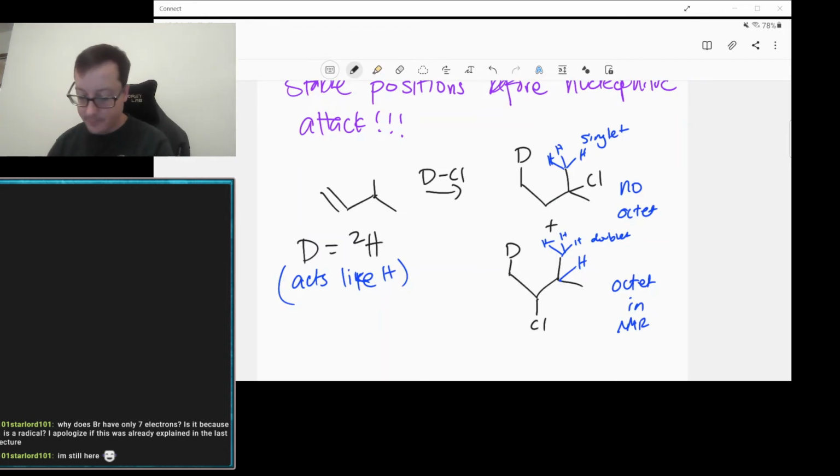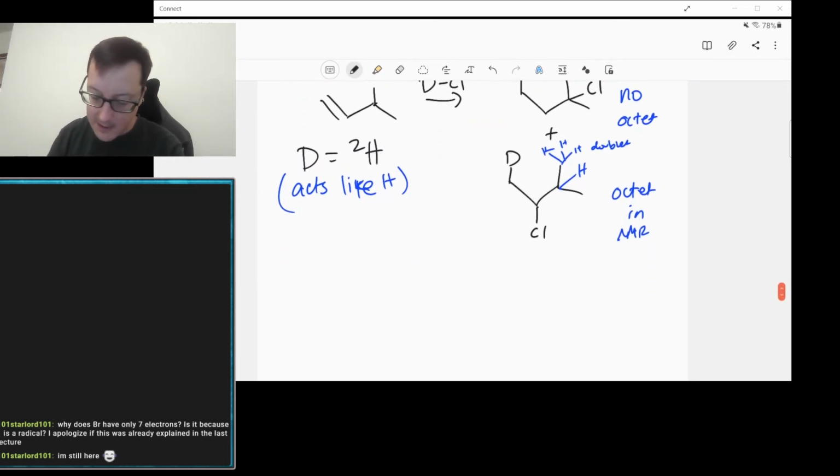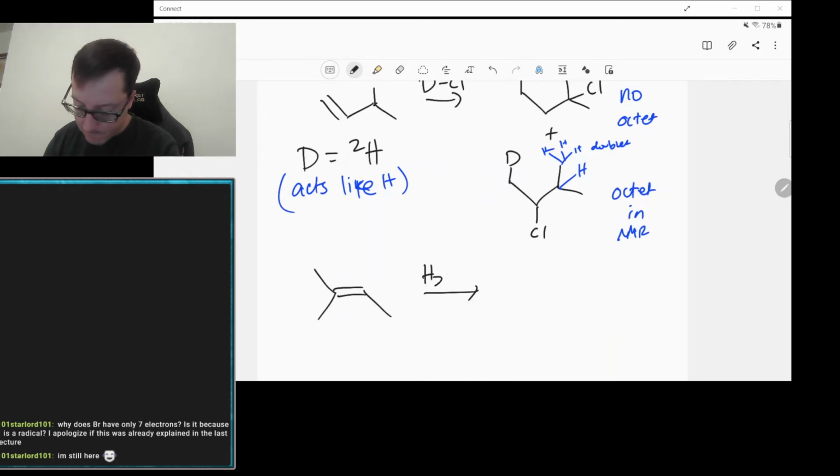Let's see what else we can do with alkenes. We have the opposite process of the dehydration. You need water with this. Really H plus.